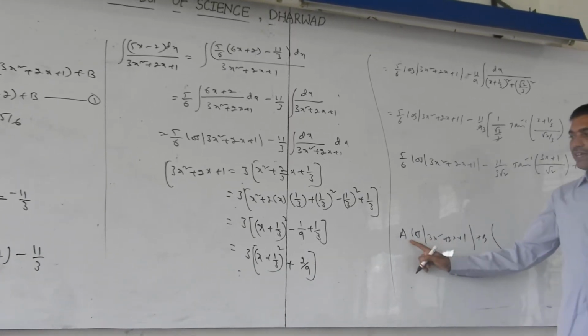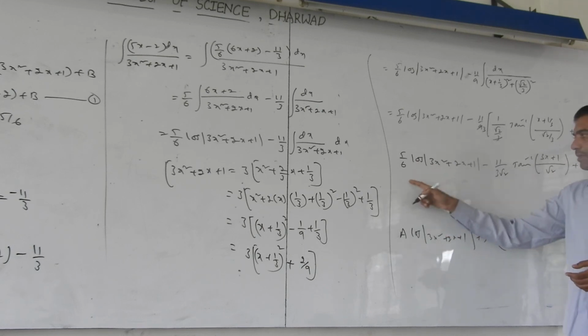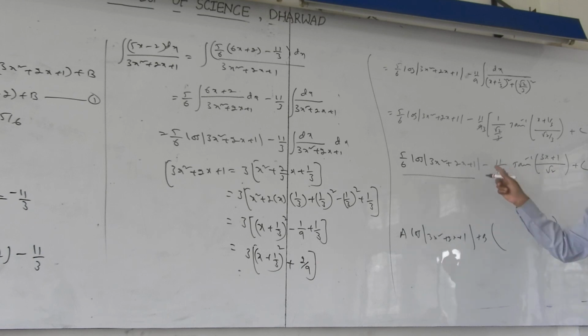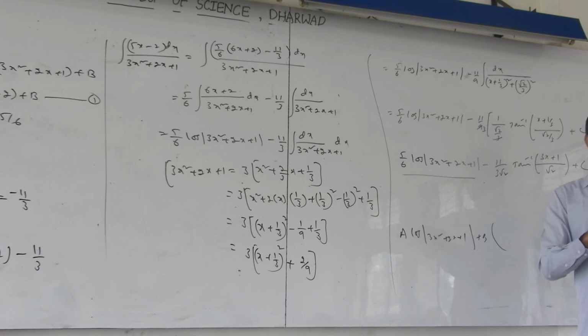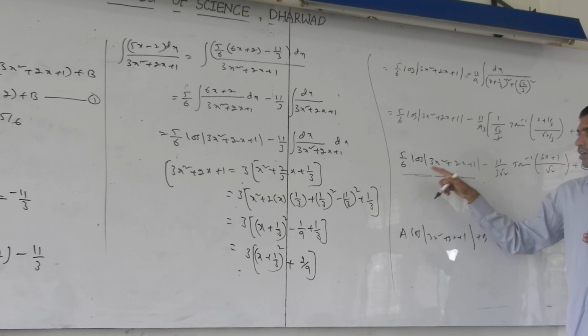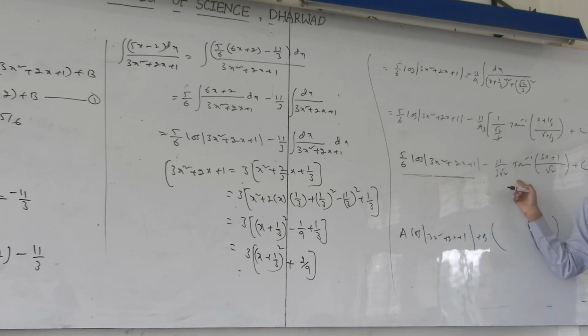We can find a: the formula is p by 2, so you will get 5 by 6. Up to this we can observe. Next, b is a constant and we should find it. By seeing the four options, if only one option matches, you can go with that option. If two options coincide in the first log term, then go for finding b. This is by method 1.